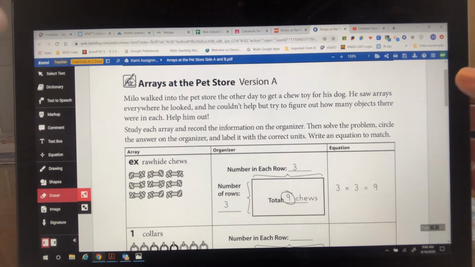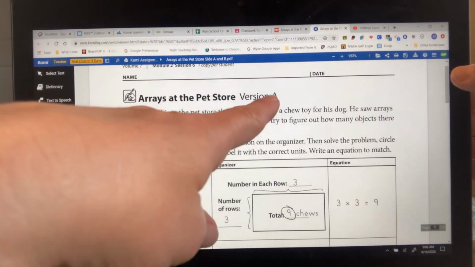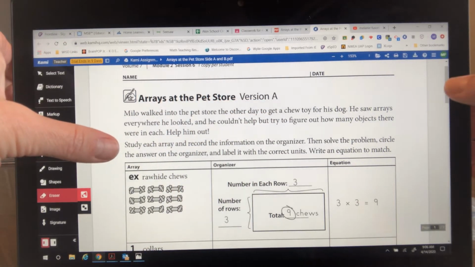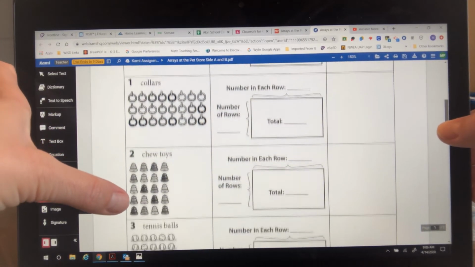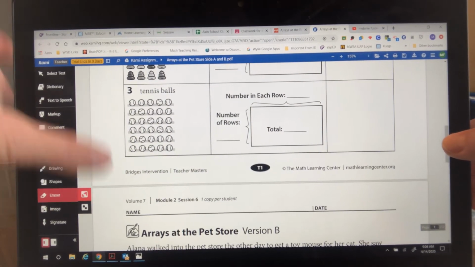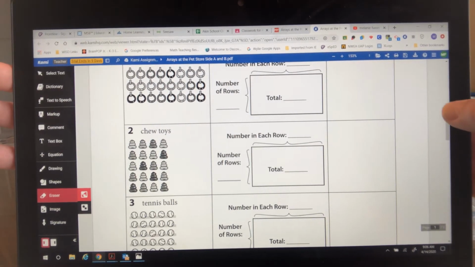So the way that you scroll down is you just use this little bar at the right. Side A is a side that I'm going to video you today, and we're going to walk through these problems together. Then when you open it, it'll all be marked so you can remember the things that we talked about.